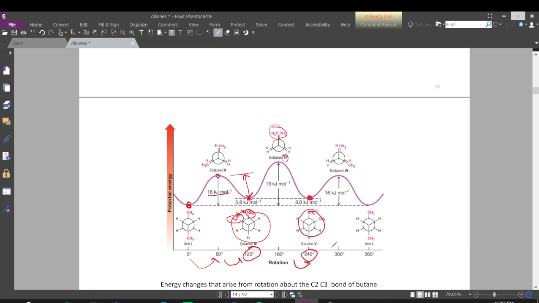Then if we rotate a further 60 degrees, this forms eclipsed 6, which is the same as eclipsed 2, with the same energy.